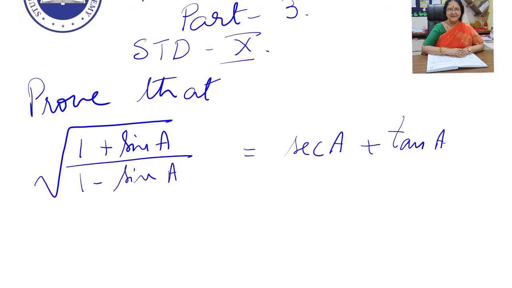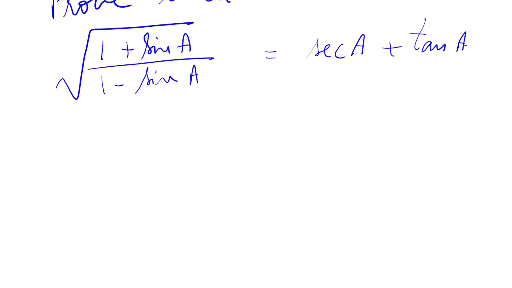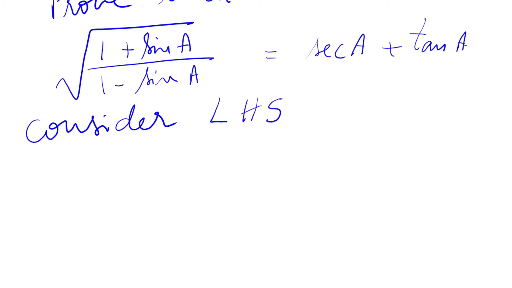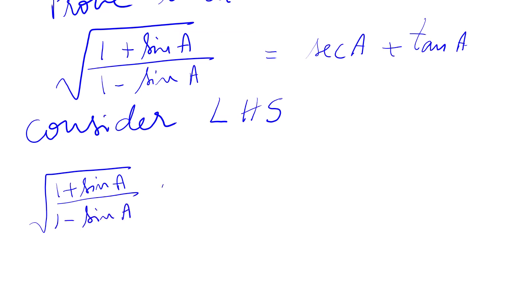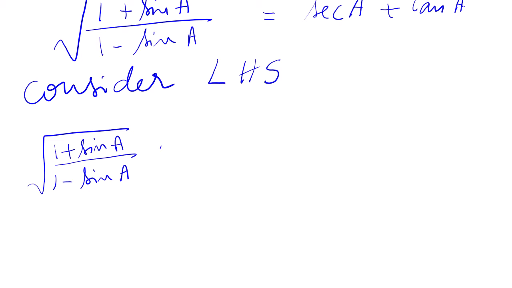Again consider LHS, that is square root of 1 plus sin A upon 1 minus sin A. Now you have to multiply by 1 plus sin A. This is 1 minus sin A, so you will multiply by 1 plus sin A, like how in rationalization you used to do.